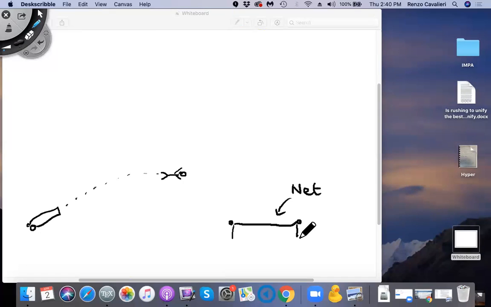So we have a function where maybe the input is the angle at which you orient the cannon.